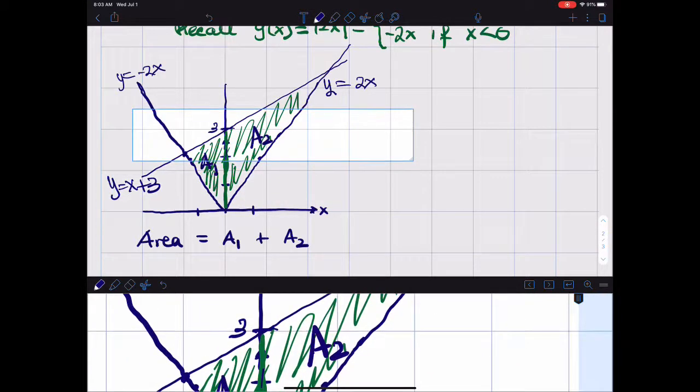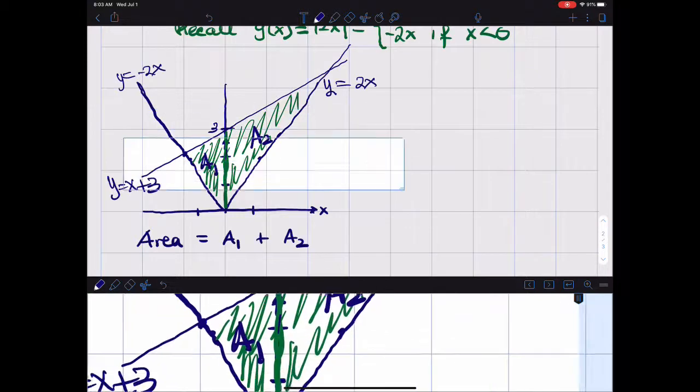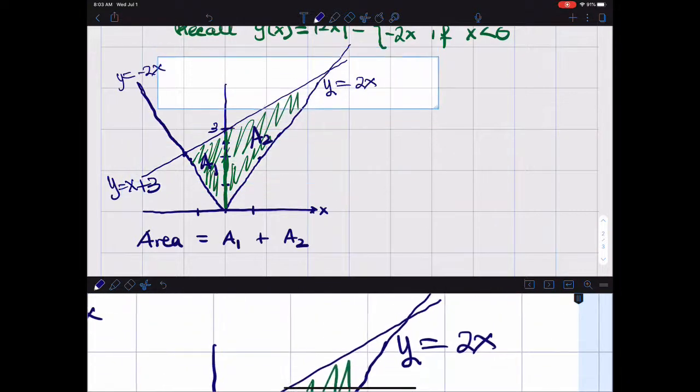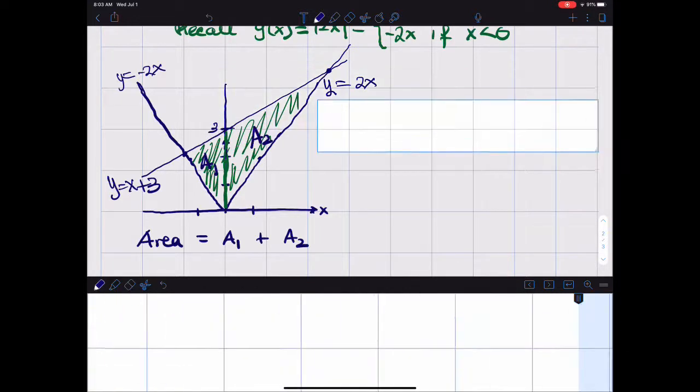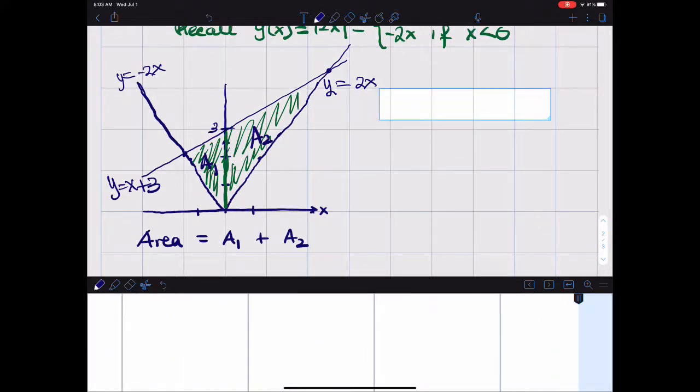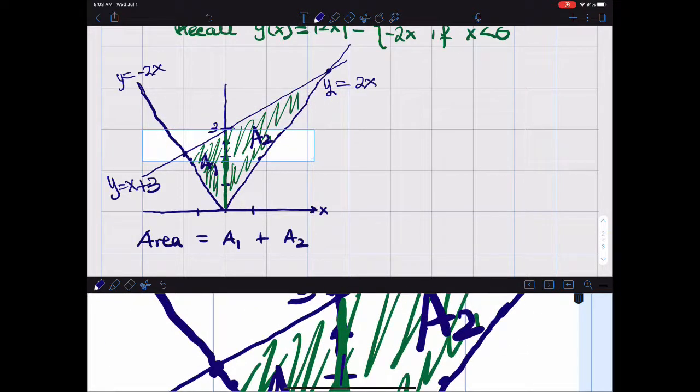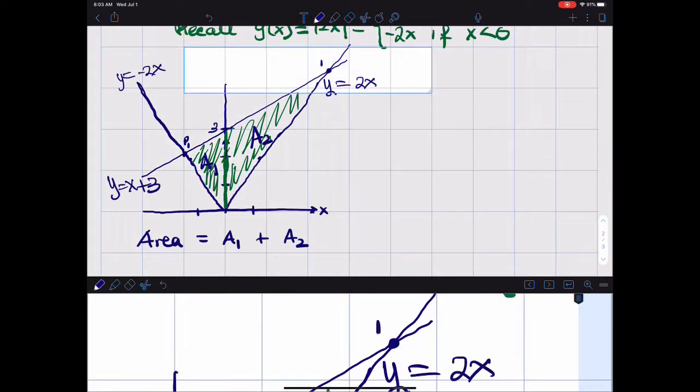And then from this x-axis to over there, this point right here, you have 2x at the top and then x plus 3 at the bottom. So we have our work cut out for us. We can't just do the integration right away. We need to find what these points are. Call it P1 and call it P2.